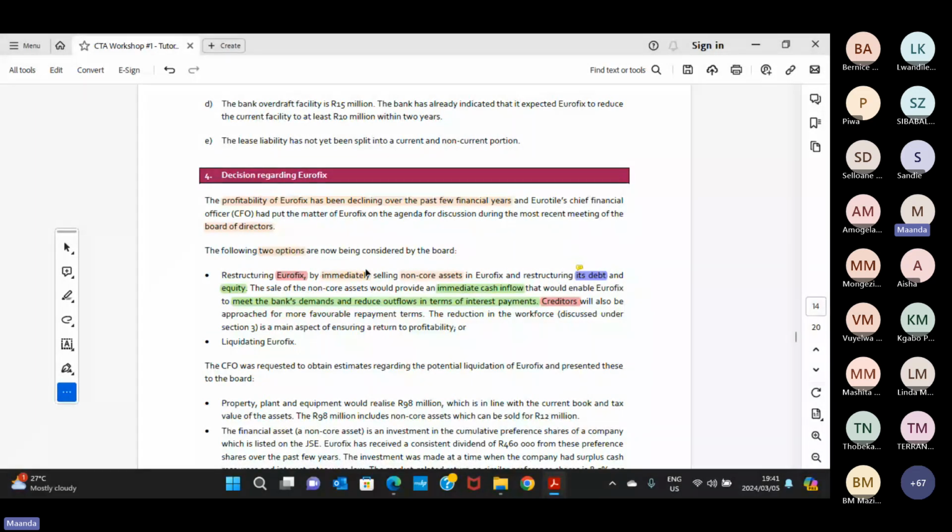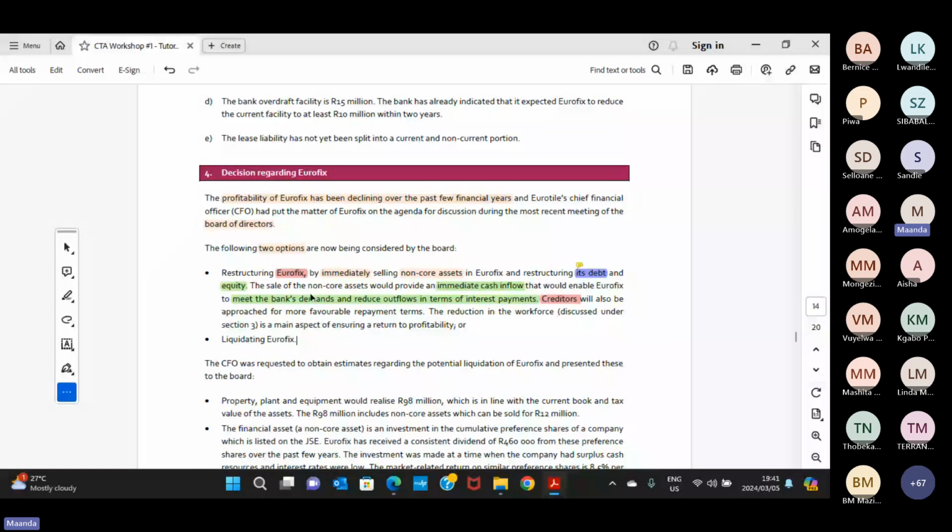But if you go down here, we are told that the sales of non-core assets will provide cash, and the board will then take that cash to reduce outflow in terms of some of this interest payment. So already the board have considered that if we sell and have the money, this money is going to address that debt that we have.